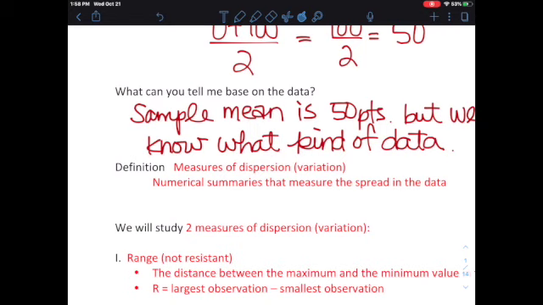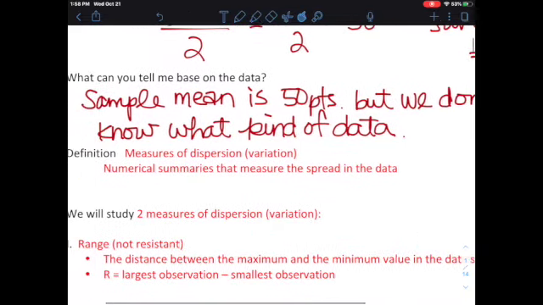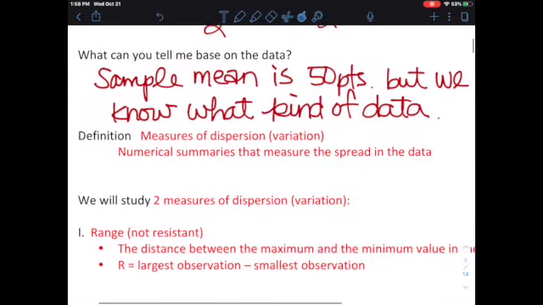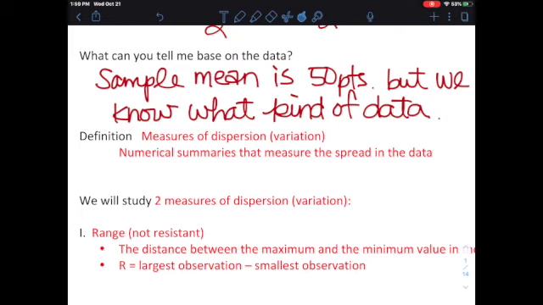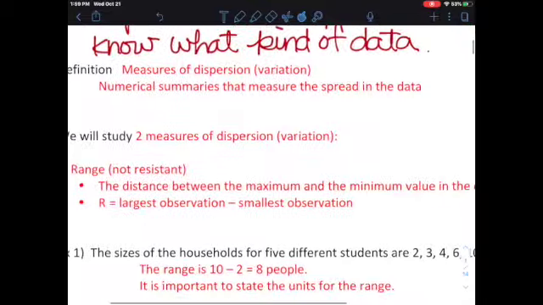And the range is the distance between the maximum and the minimum value in the data set. So the formula is we use capital R equals the largest observation minus the smallest observation. So just pretty much the max minus the min. So let's talk about that.